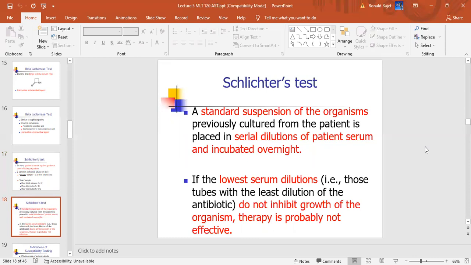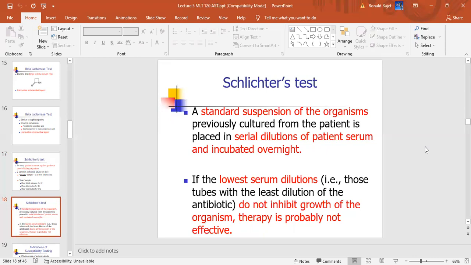And what you do is, say for example, this patient has a positive culture. Let's say that it's a wound culture and the patient is growing E. coli. He wants to know if the antibiotic, let's say tobramycin, he wants to know if the dose of tobramycin is effective against the E. coli organism.